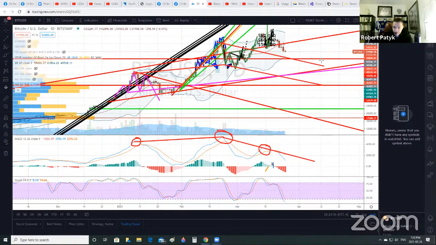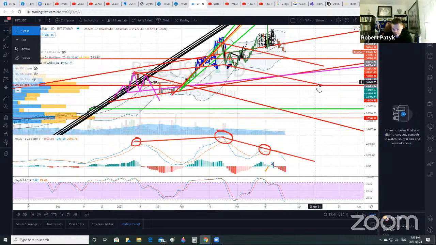So the first target I have is, let me get the cursor to be exact, around 48,500. My second target would be down to here, 42,000.